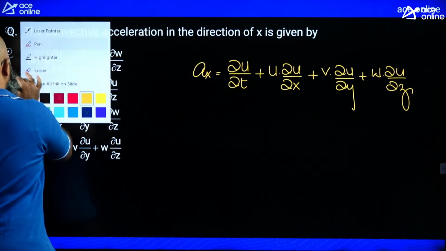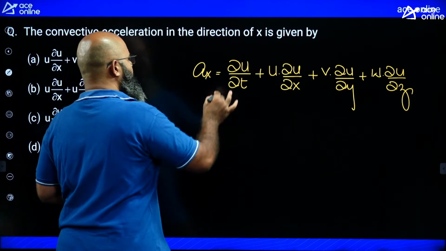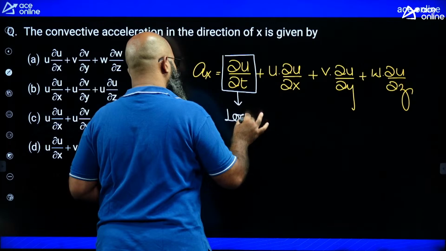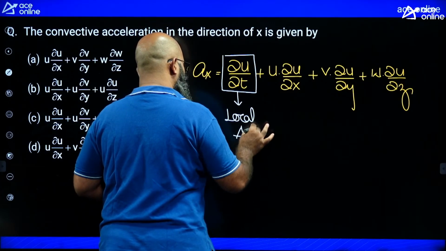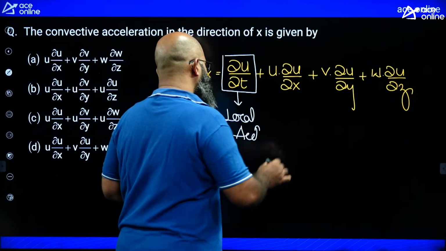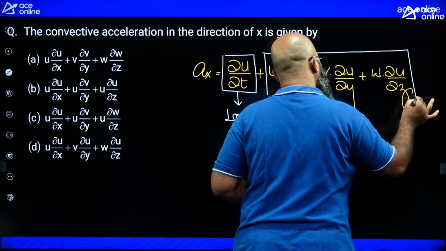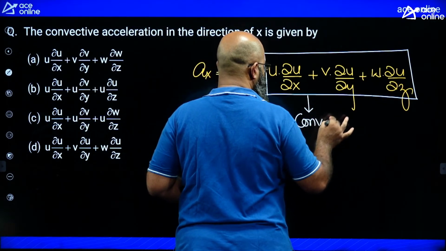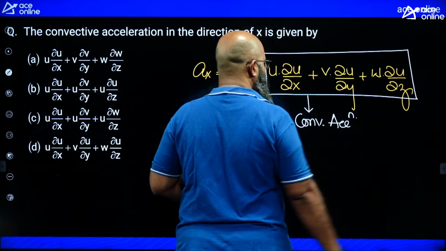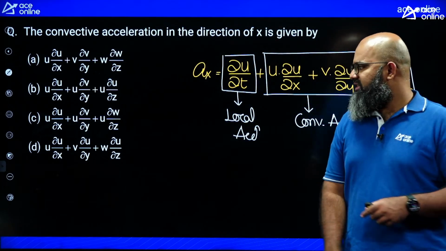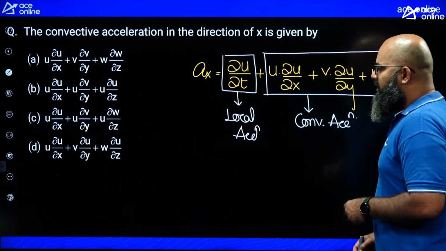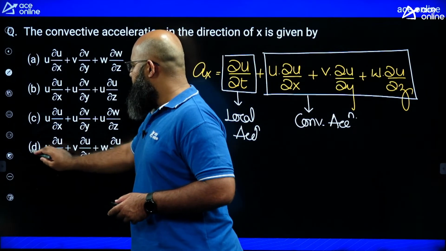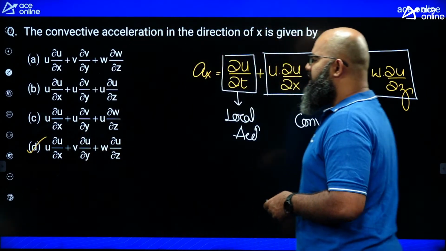In this formula, the first term is called local acceleration. The combination of the other three terms together is known as convective acceleration. Since he is asking about convective acceleration, the correct answer over here is option D.